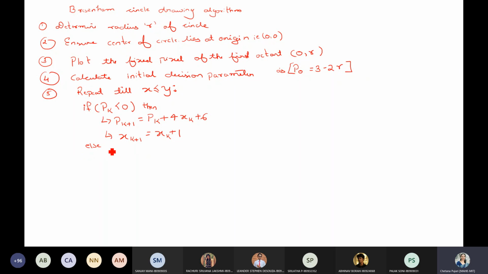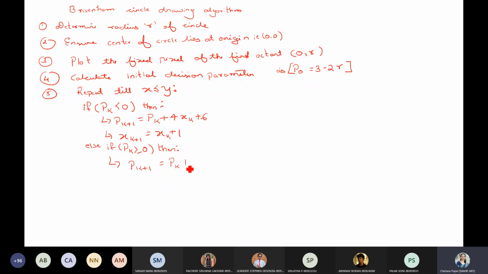Else, if p of k is greater than or equal to 0, then what will be our p of k plus 1? We just did the derivation, right?